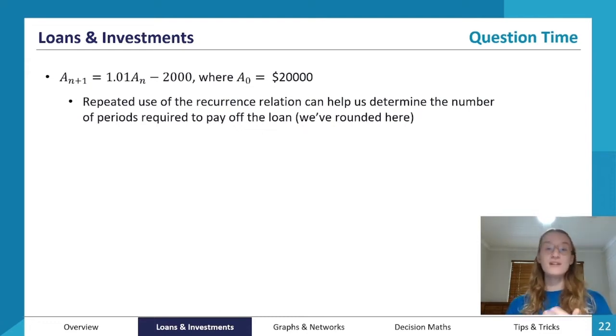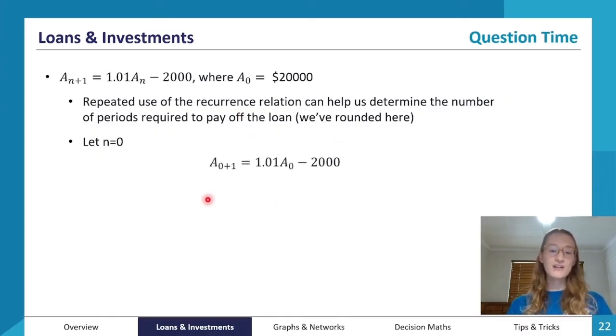Also important to take note that we have rounded here. If you did it in your calculator compared to rounding each time, that is going to influence the final amount a little bit, because rounding does make a difference in our answers. So it's important to keep track of whether you're rounding or not. Okay, we're going to start by solving it. Let n equal 0.